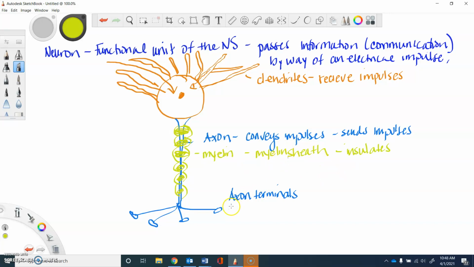Okay. In the axon terminals, those things are going to be full of neurotransmitter.